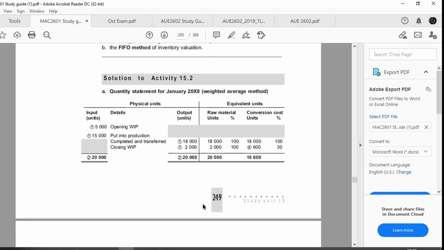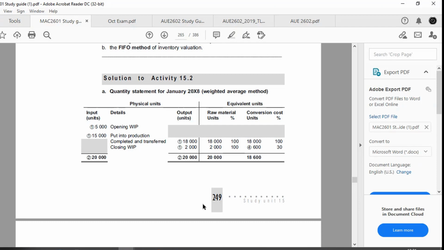Your input must be 20,000, your output must be 20,000. Your raw material must be 20,000, but your conversion cost units, there's going to be the difference of what has been completed and moved and your closing inventory, which is then 18,600. Thank you. Makes sense.